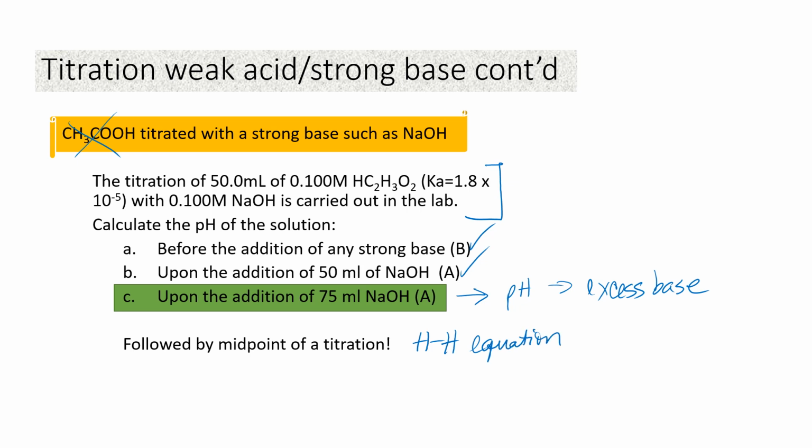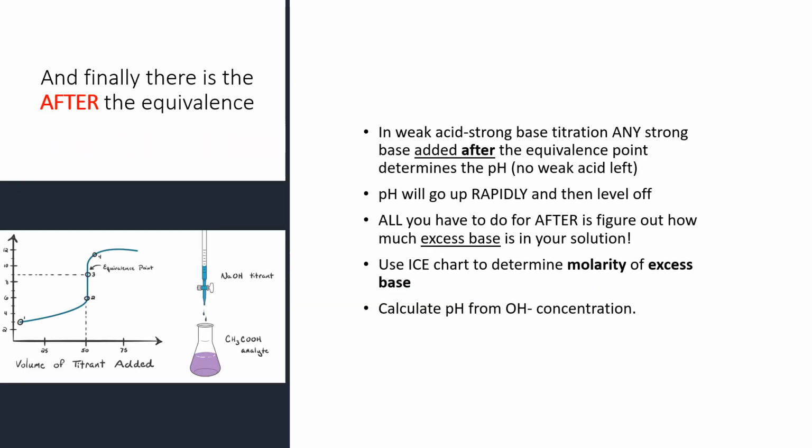Super handy equation to use for this type of calculation, it will make your life extremely easy. So stay tuned for the midpoint. I'll be explaining all of this once again in some detail.